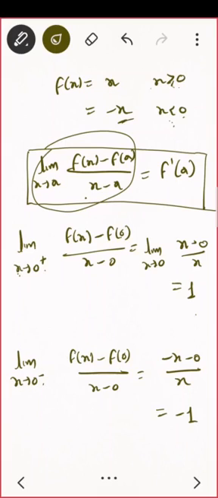Shall we go ahead? Now can you write the epsilon delta definition? So let us write the definition now.